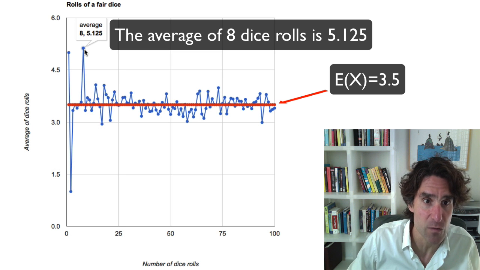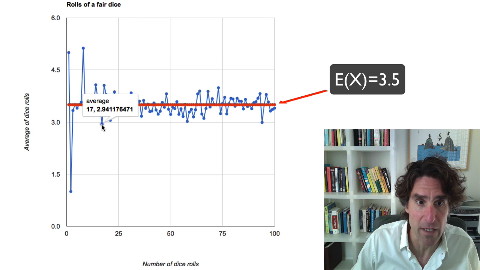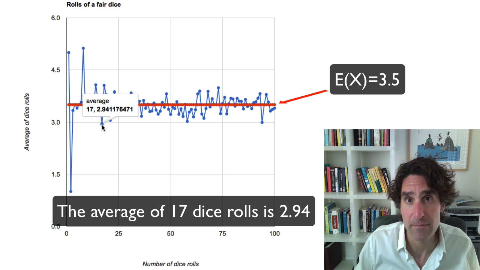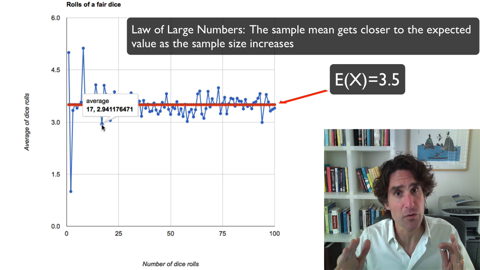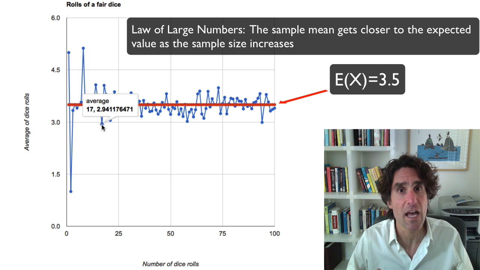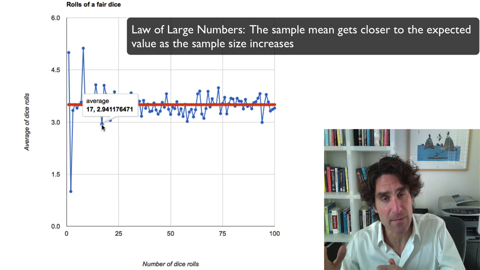So for example, in this one it's 5.125, and in this one it's 2.94. This is an illustration of the law of large numbers, and what it also illustrates is how the sample mean is related to the expected value.